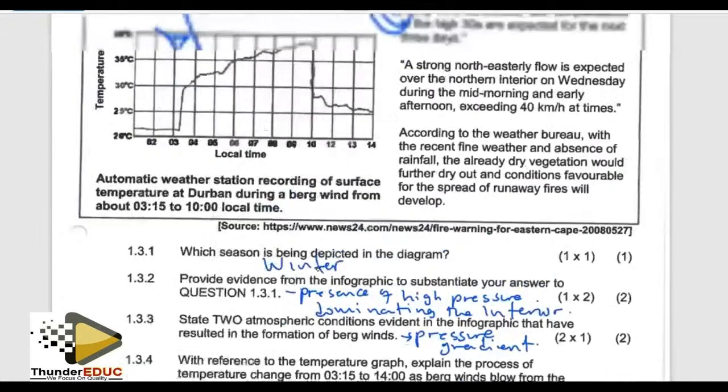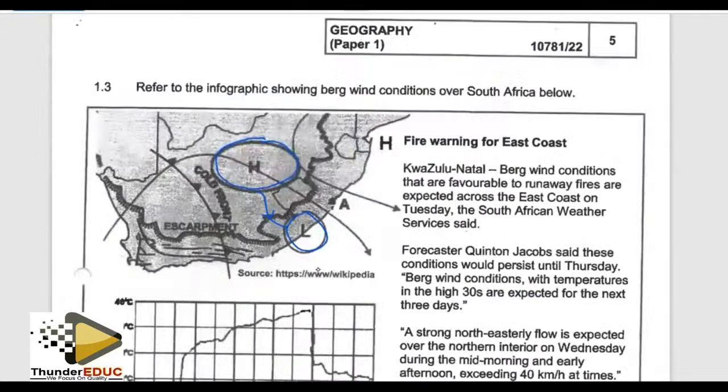For example, here, you see we have a high pressure over the interior and a low pressure over the coast. So this is what we refer to as pressure gradient. This will result in the development of the winds, because we know that winds always move from a high pressure going to the low pressure. So there will be formation of the winds as a result of the pressure gradient.